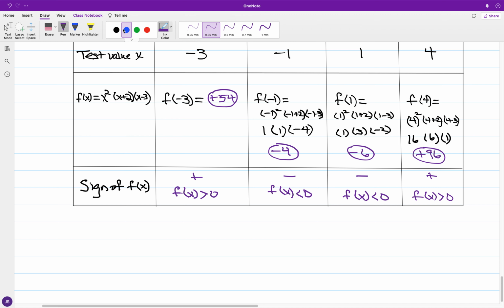And just sort of putting it together. For x squared times the quantity of x plus 2 times that of x minus 3, if I have it equal to 0, the solution is x equal to 0, -2, as well as 3.